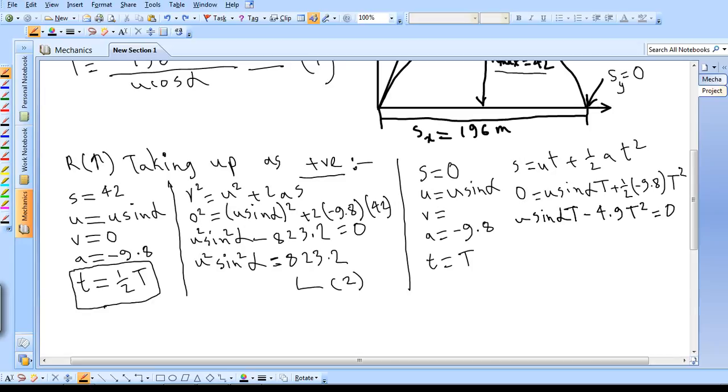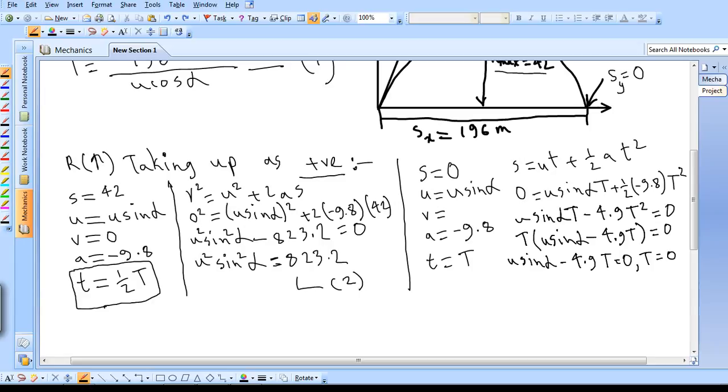Now let us take t as a common factor, then we will get something like this: t is equal to 0. Here u sine alpha minus 4.9 t is equal to 0, and here is another one, t is equal to 0.